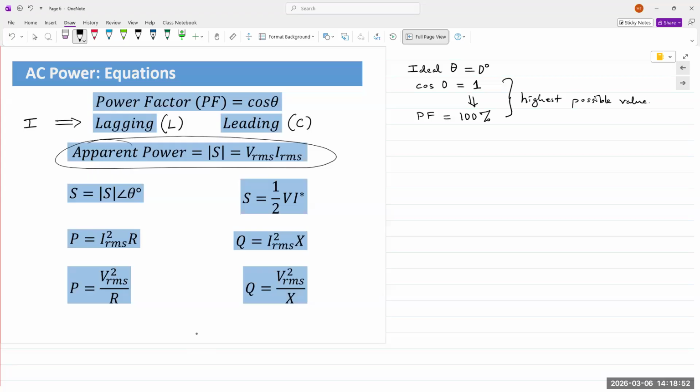S, of course, is the total of P and Q. Mathematically represented, S is equal to P plus jQ. So when we convert this into polar coordinates, you get the magnitude of S and you get the phase angle theta.